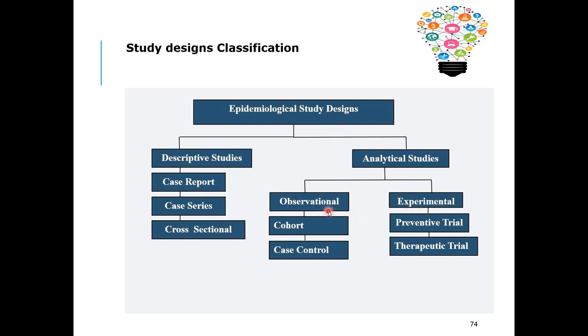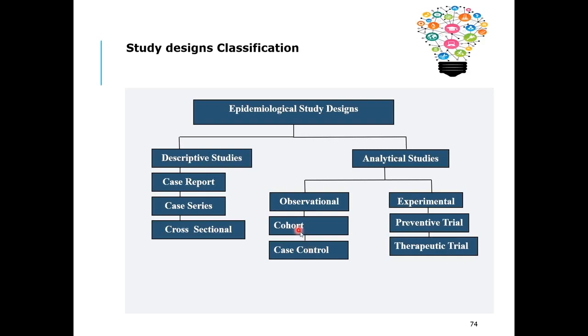Moving towards the observational study design, these are divided into two categories. Cohort studies are known as prospective studies and they travel forward in time, while case control studies are known as retrospective studies, and they are done while dealing with the history of exposure in cases and controls.